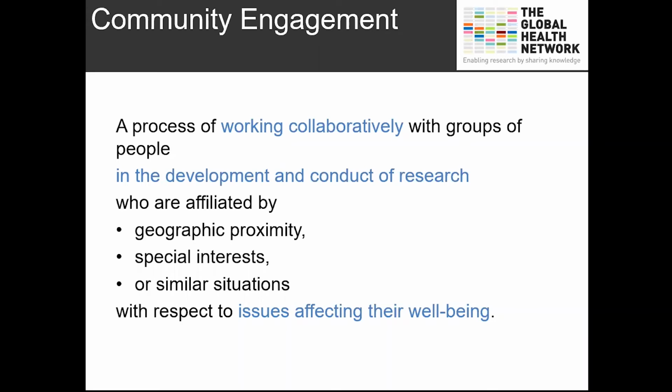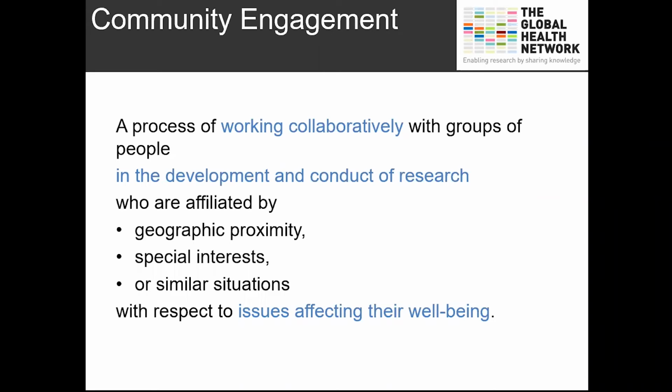So you realize that it's something that is coming up. And when you look at it critically, it is actually a component that we need to adopt as researchers, and everyone else who support research. We need to adopt community engagement.